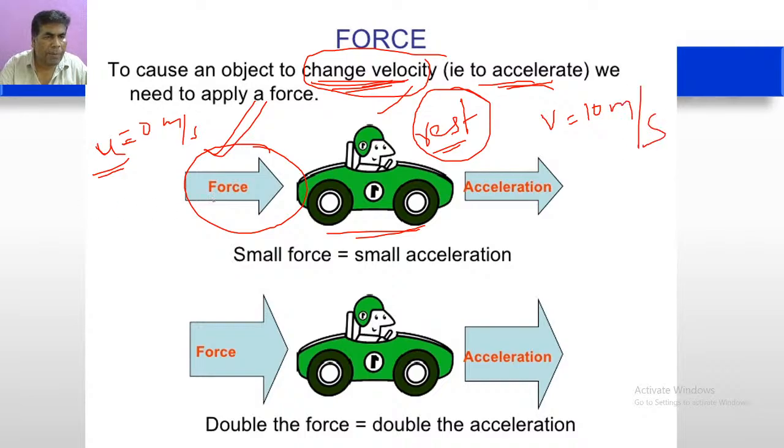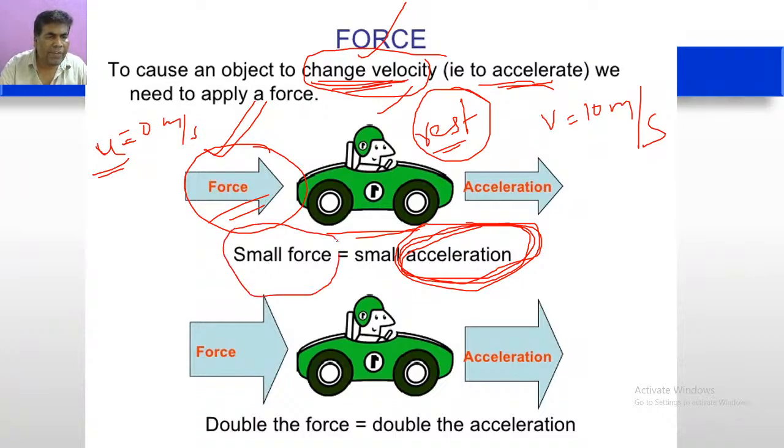We have applied force and the velocity changes. So we can tell that there happened some acceleration in the car. What is acceleration? Change of velocity. Why did the change of velocity happen? Because of the force. How much acceleration is there? Because we have applied a very small force, that's why there is small acceleration.